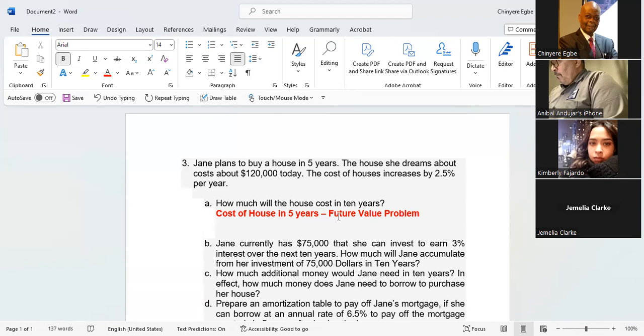And so the future value of the house is equal to 120,000 times 1.025 to the power 5. Am I correct? Yes. All right.